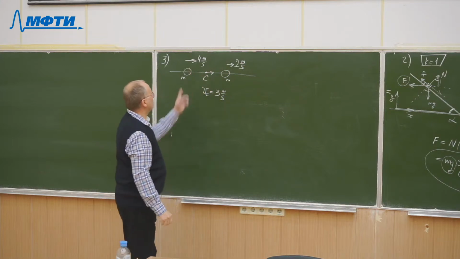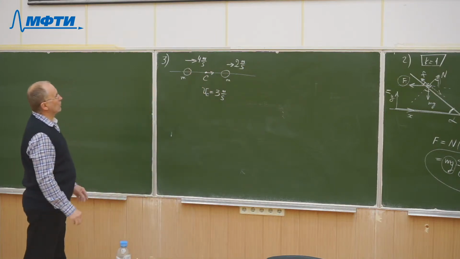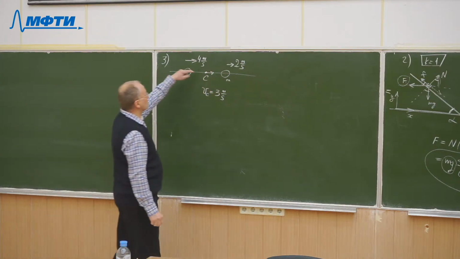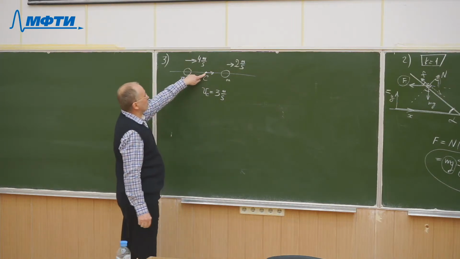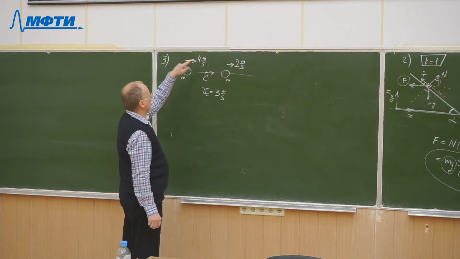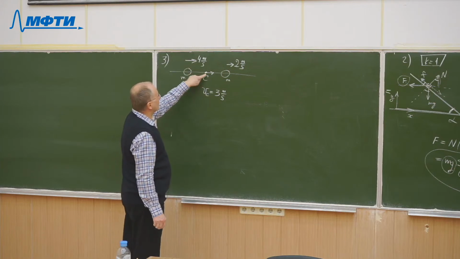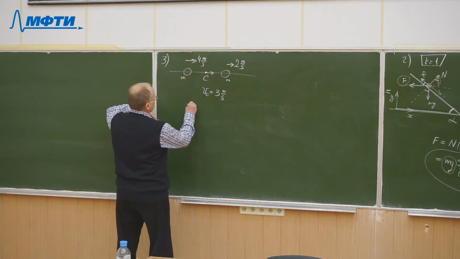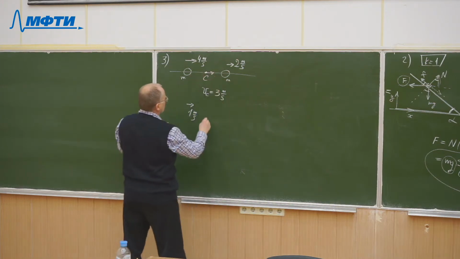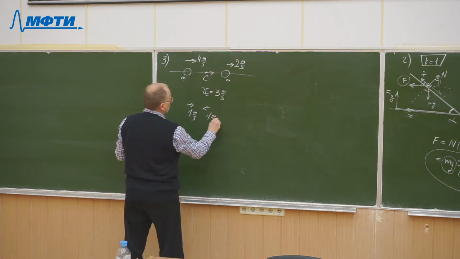The arithmetic average between 4 and 2. And if we move to this center of mass reference frame, then with respect to this reference frame, the first body will have the velocity just 1 meter per second. And the second body will have opposite velocity, also 1 meter per second.